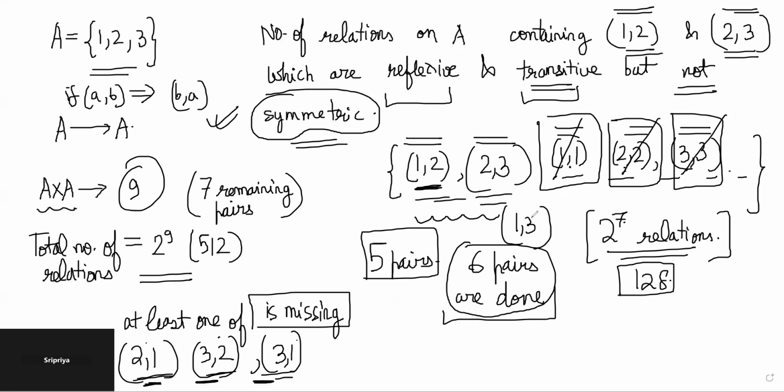So that means even if one of them is missing, it is not symmetric. Okay, got it. So actually we have eight choices of selecting or not selecting these three pairs, correct? Out of those eight choices, there is one choice where none of them is there.